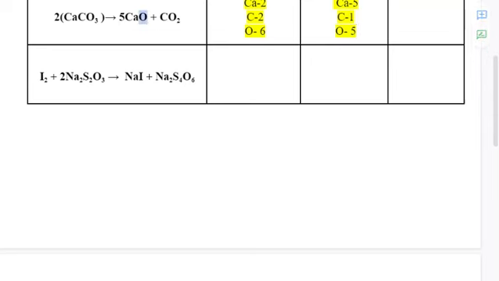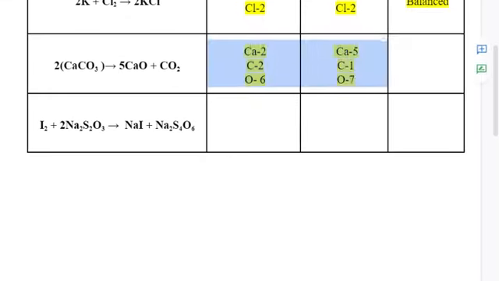So 5 times 1 plus 2 is 7. So you can start off right away and see that the calciums on the reactant side are not equal to the calciums on the product side, so this is unbalanced.